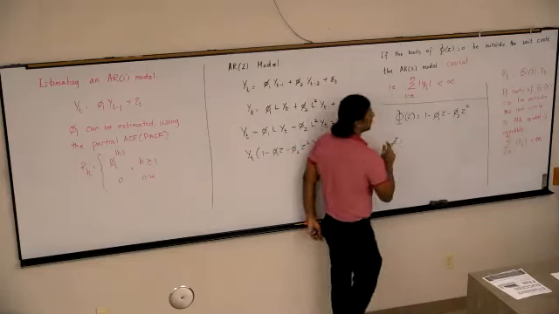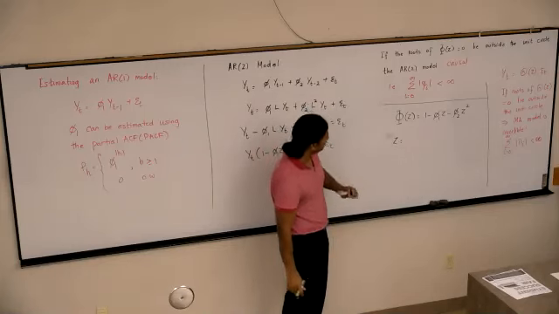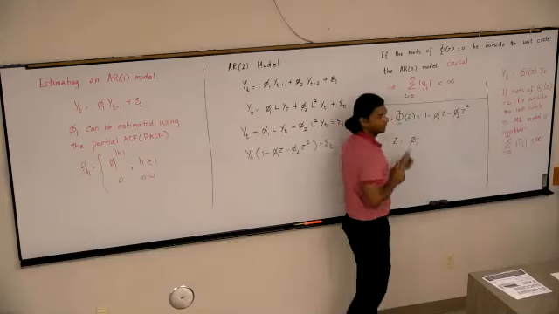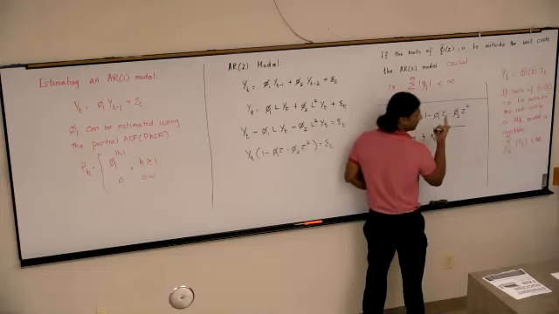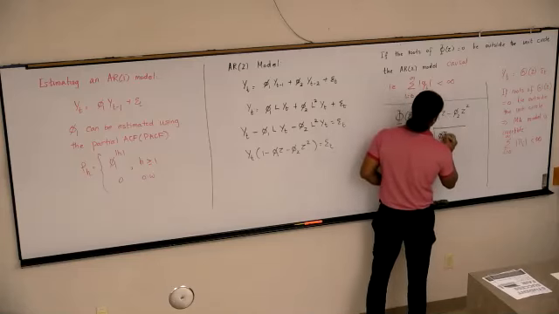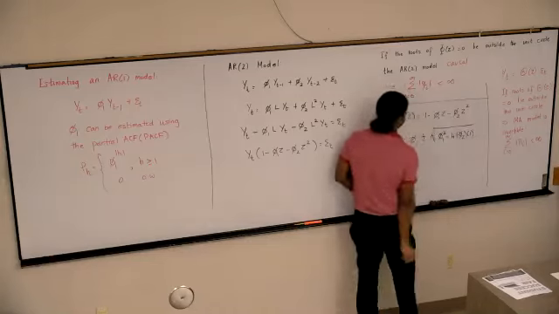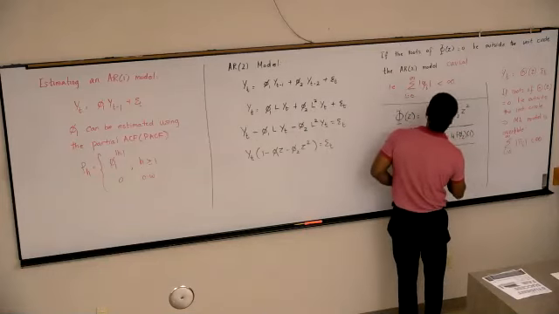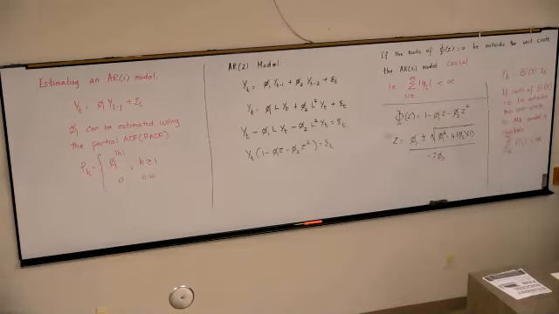What would be used to find the roots? The quadratic formula. So minus b plus or minus the square root of b squared minus 4 times a times c, divided by 2a.